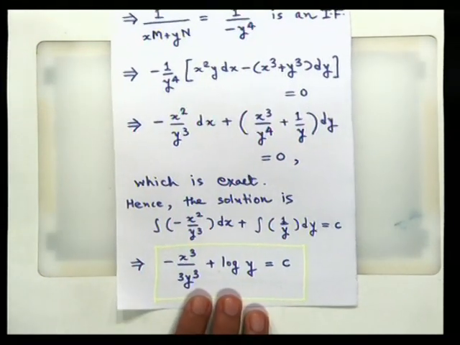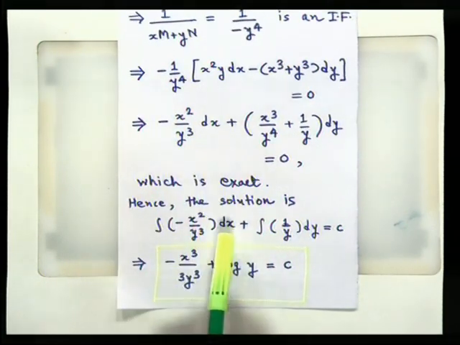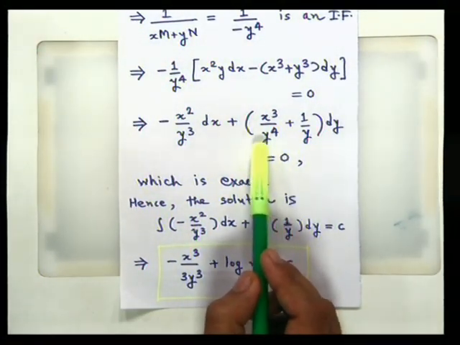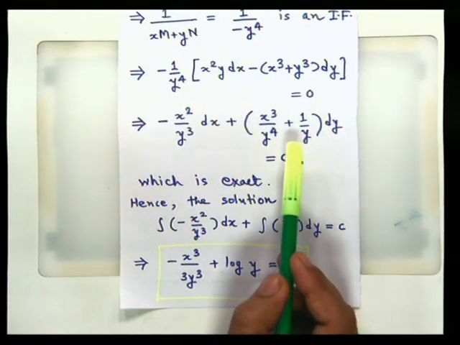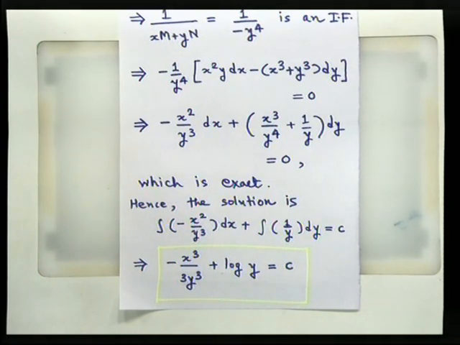With this m and this n, the differential equation is now exact, and so we give its solution by the integration of m with respect to x, treating y as constant, plus the integration of the terms in n not containing x with respect to y, equal to the arbitrary constant c.